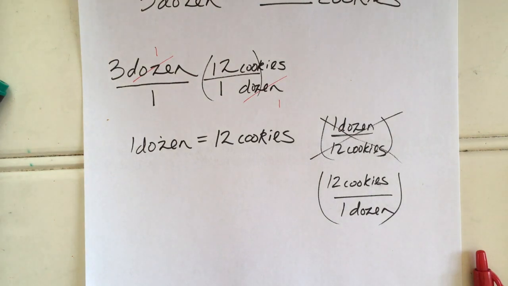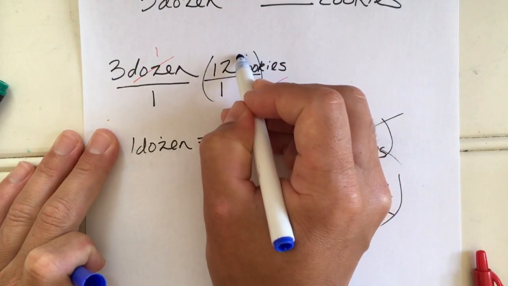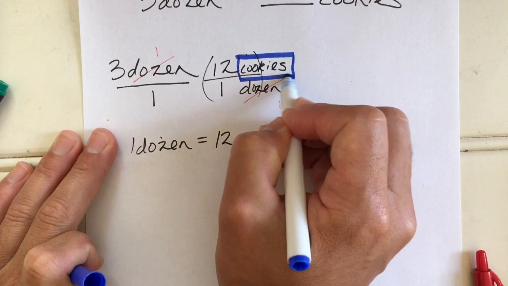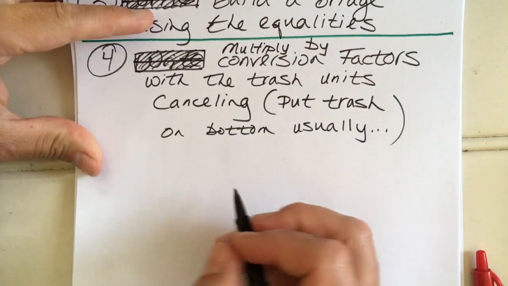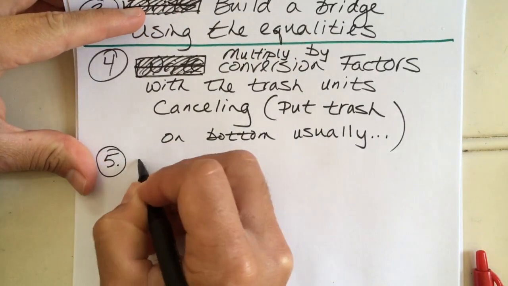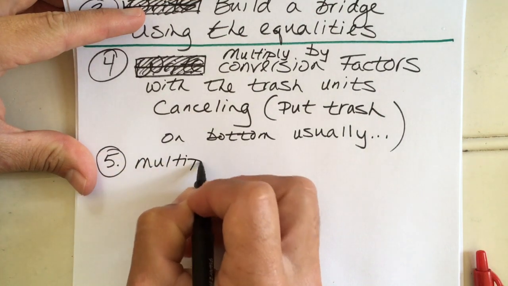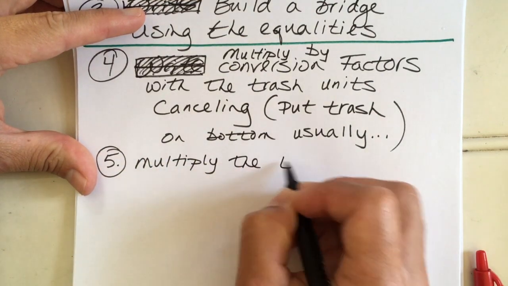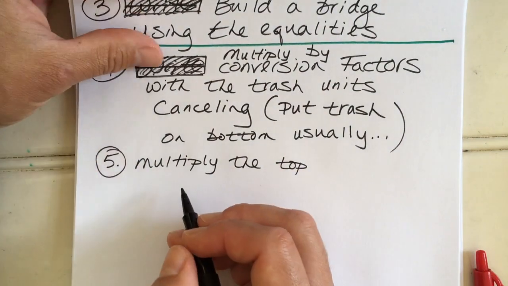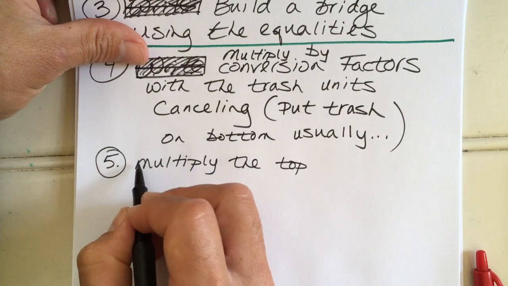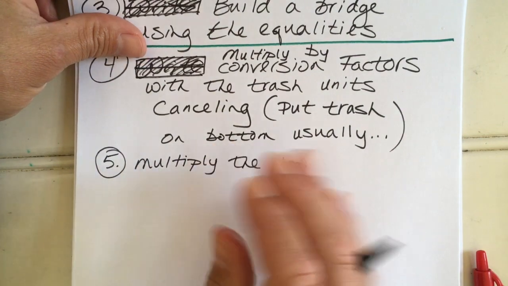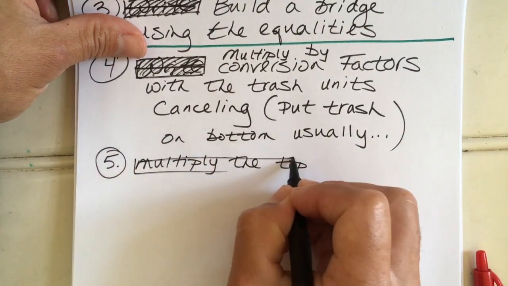And so now I'm done, right? I'm done with the problem in so far that it's now time to go to the next step. Why do I know that? Because I have the units I want, which are cookies. And so this means the next step is to multiply the top across. So I guess I should say, before you do this, make sure, let me write this first.